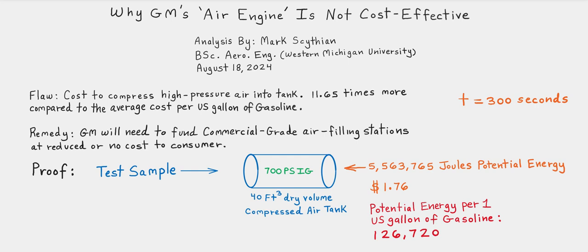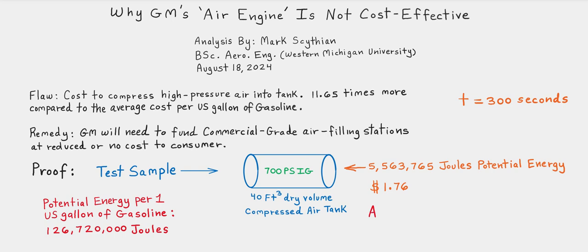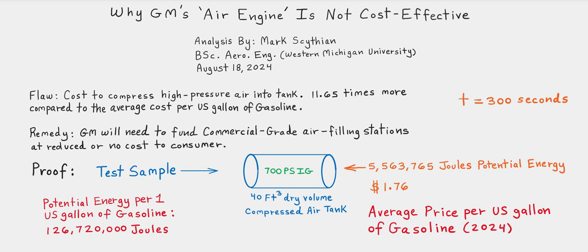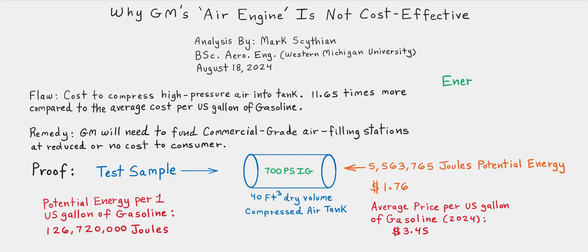So 1 gallon of gasoline has a potential energy of 126.72 megajoules. 126,720,000 joules is the potential energy content in 1 US gallon of gasoline. And we know the average price per US gallon of gas in the US in 2024 is about $3.45.